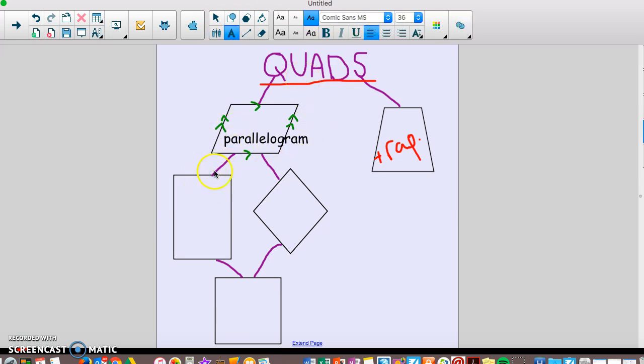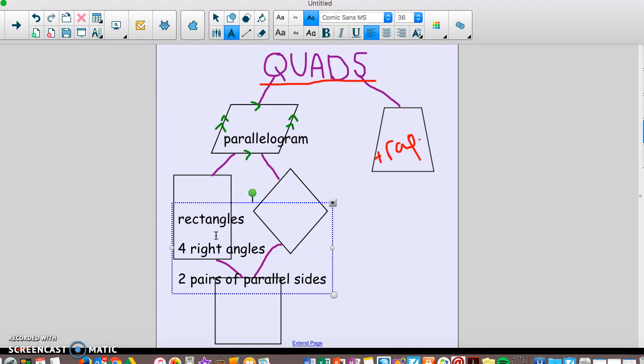Now going back to this side, we have a rectangle. And what defines a rectangle is that it has four sides, four congruent sides. I'm sorry, not congruent. They have four right angles, and just as the parallelogram has, two pairs of parallel sides.